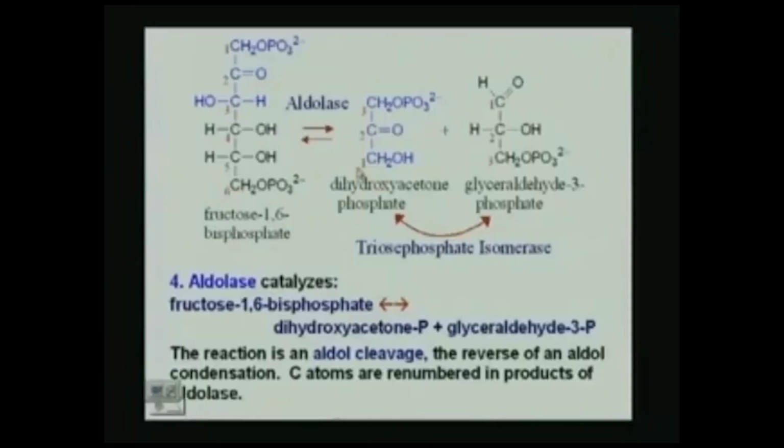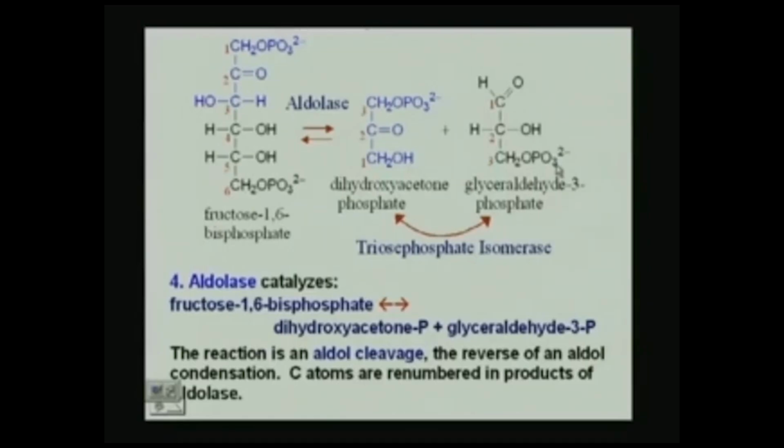Here we have dihydroxyacetone phosphate and we have glyceraldehyde 3-phosphate. This is glyceraldehyde. You recognize the CHO of the aldehyde, the CHOH and CH2OH which would have been here, but we now have it phosphorylated.